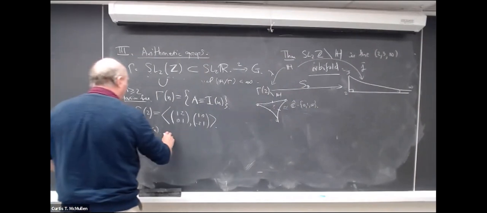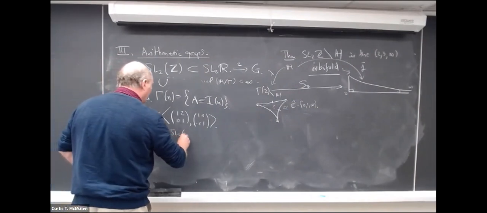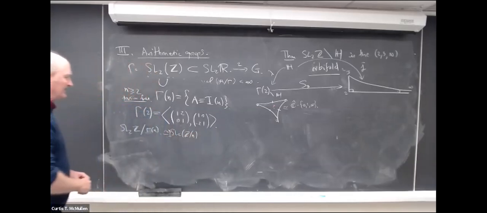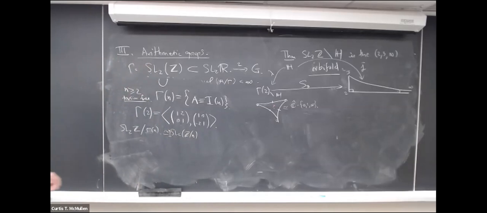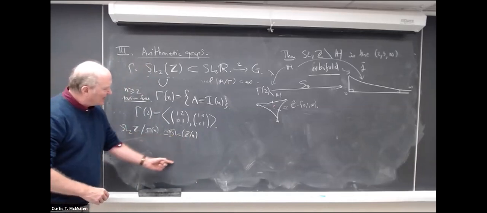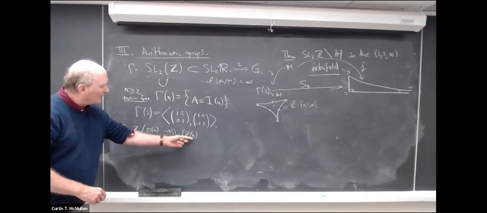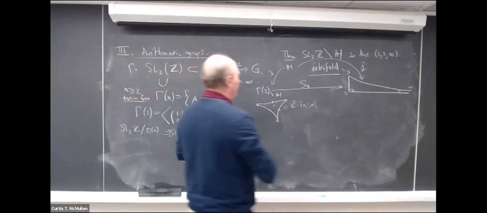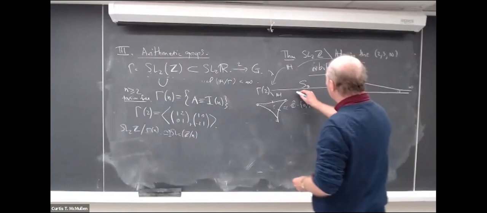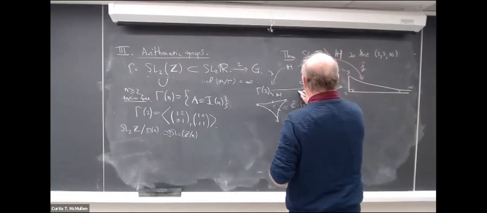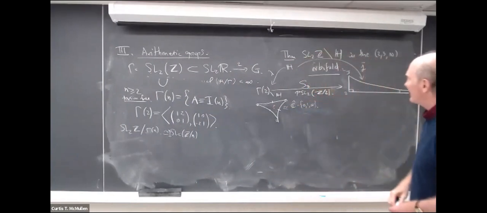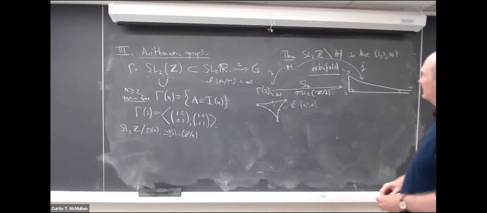This is what you might call SL2 of Z mod n, or PSL2 of Z mod n. And it's the automorphisms of the projective line over this ring, or at least when n is prime, it's the automorphisms of the projective line over a finite field. So this group here can be regarded as PSL2 of Z mod 2. That's a way of thinking about the symmetric group on 3 letters.